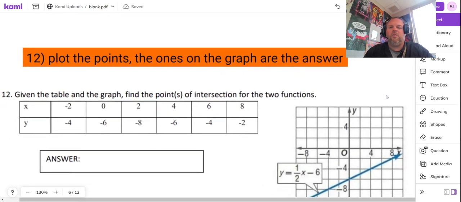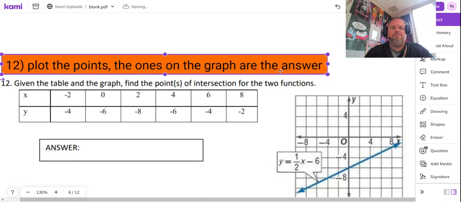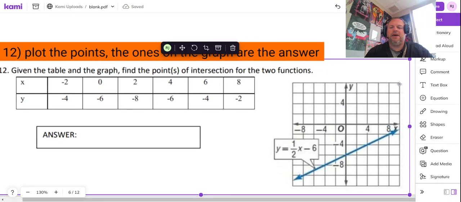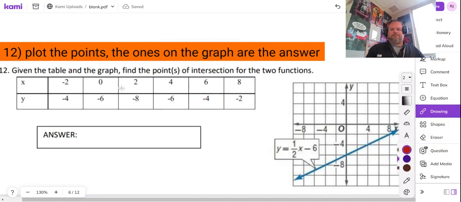What's the other thing that we said this was like? What game? Battleship. Yeah. So, these are by 2's. Dang it. So that's not 1. 0, -6.